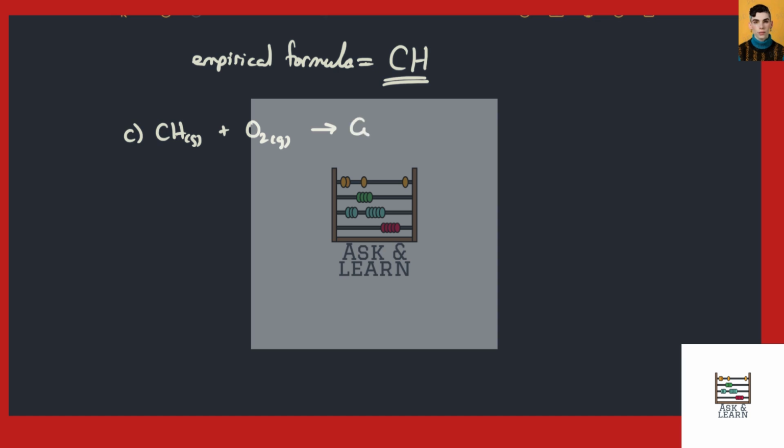That would produce CO2 gas and H2O gas. The enthalpy of the reaction is equal to the enthalpy of formation for the products minus the enthalpy of formation of the reactants.